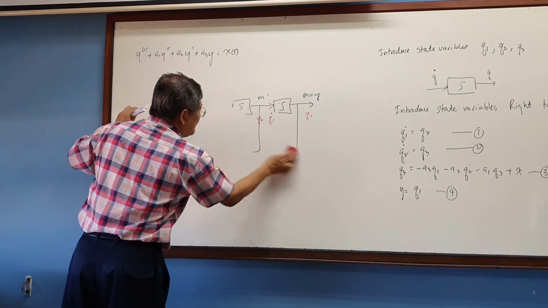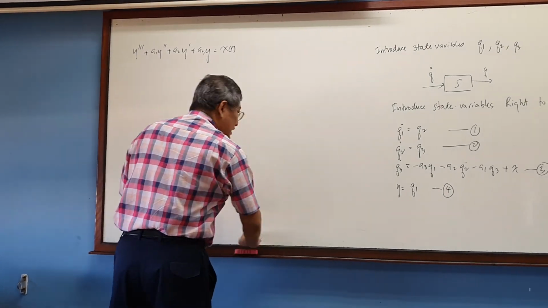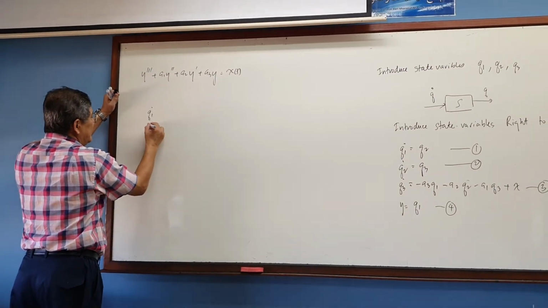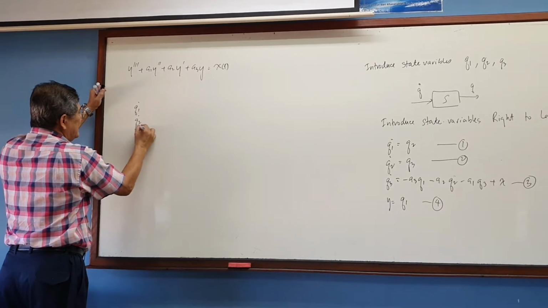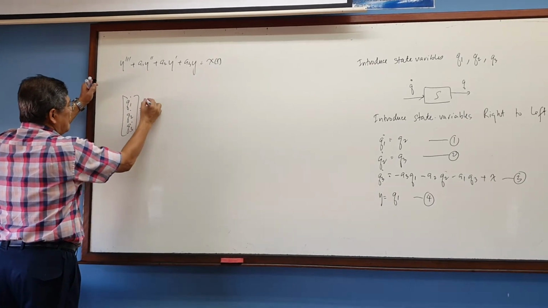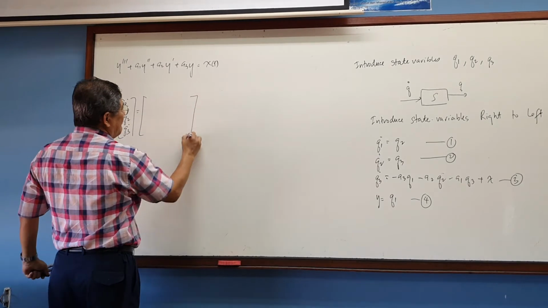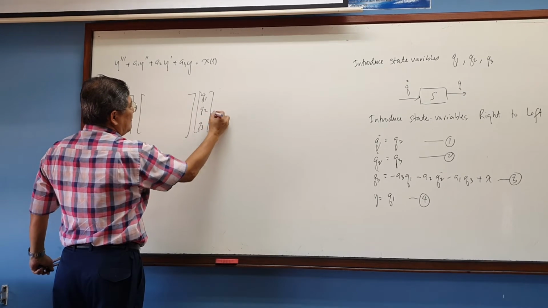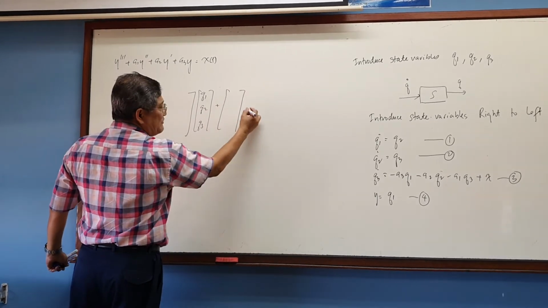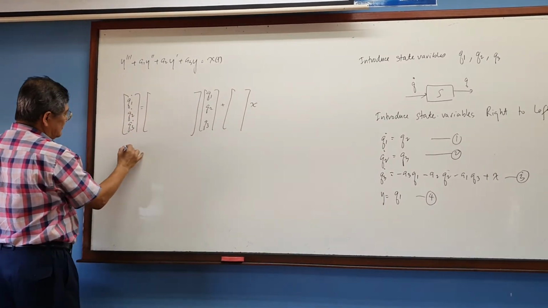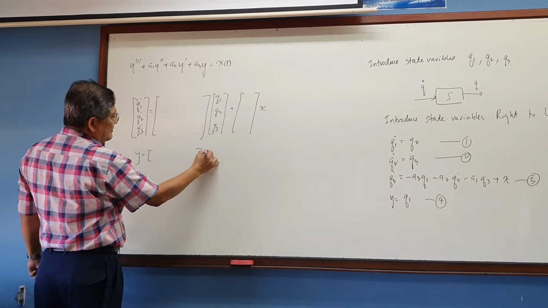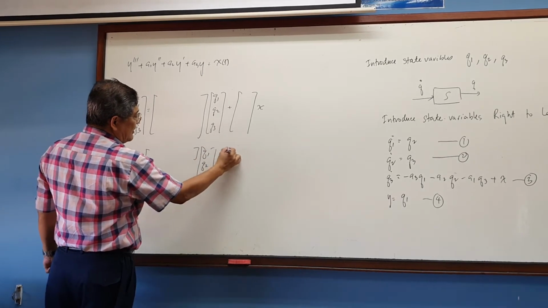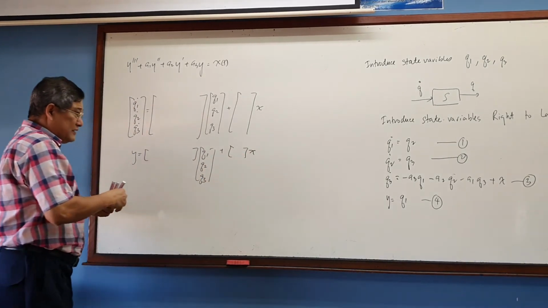So we don't need this one anymore. From the equations that we have, this is Q1 dot, Q2 dot, Q3 dot, equal to the matrix times Q1, Q2, Q3, plus the matrix B times the input x. Y is the matrix C times Q1, Q2, Q3, plus the matrix D times x.